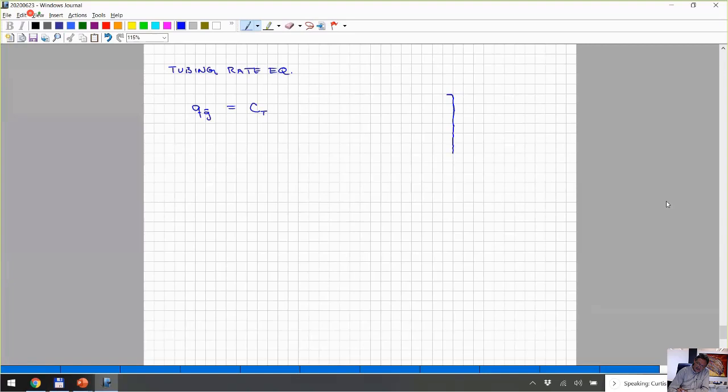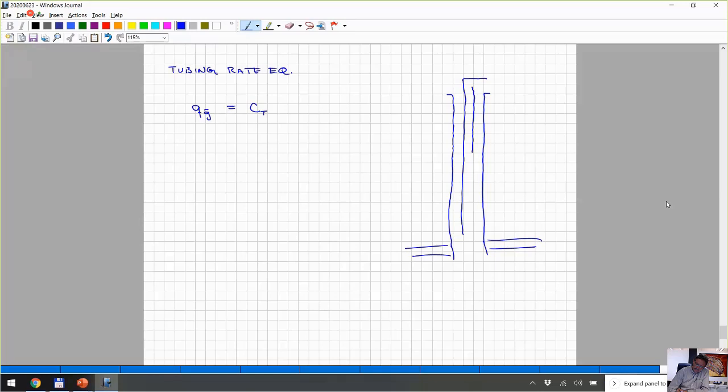It's a vertical well. This being the casing, formation, and then we've got the tubing. And I'm going to just kind of mark where all the pressures are.